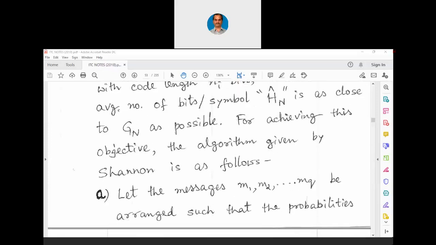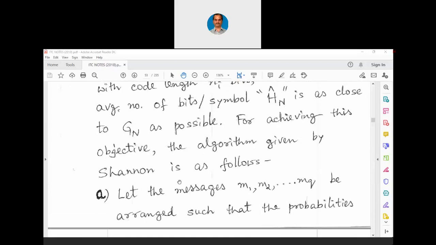Shannon thought of an algorithm which is basically simple. When we solve the problem, you will come to know it's actually a simple algorithm. There are still simpler algorithms later on. After Shannon gave an algorithm, one more scientist called Fano gave an algorithm, and we have the Shannon-Fano algorithm. We are going to study all that in the next classes.